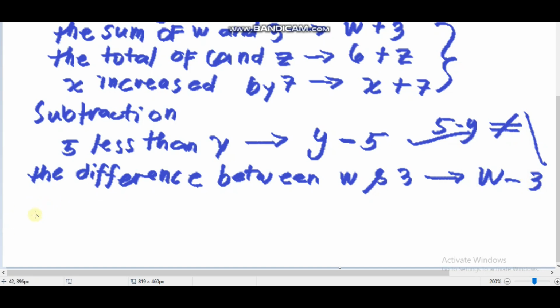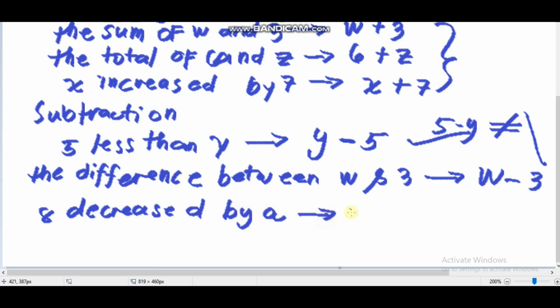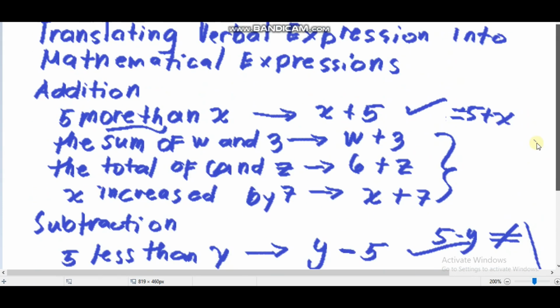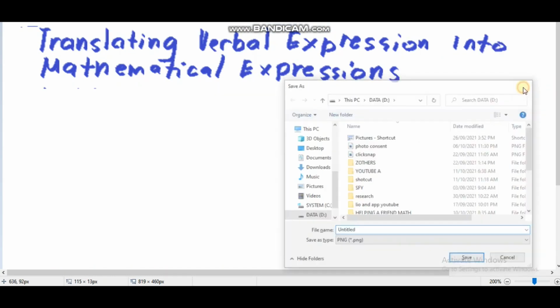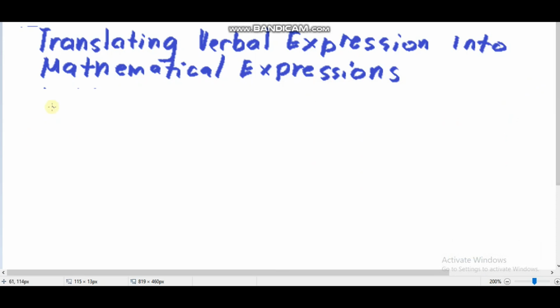Okay. How about 8 decreased by A? How will you represent that? 8 minus A. Okay, so that is for addition and subtraction. Now let's have multiplication. So we're done with addition and subtraction.